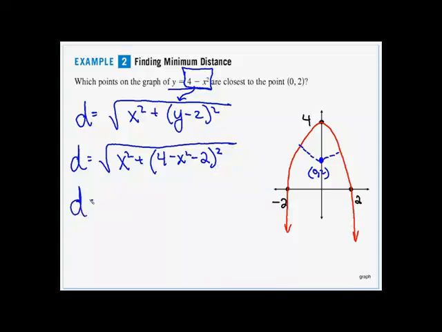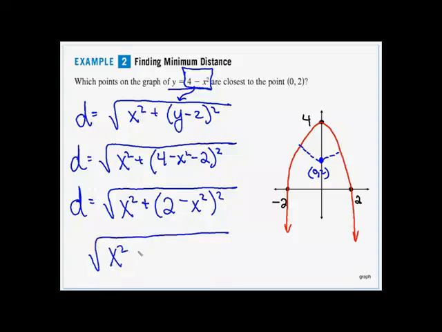Let's work on that set of parentheses under there. We're going to have x squared plus, and in our parentheses we have 4 minus 2, which is 2, minus x squared, quantity squared. What we're going to do is FOIL this out and collect up our like terms.